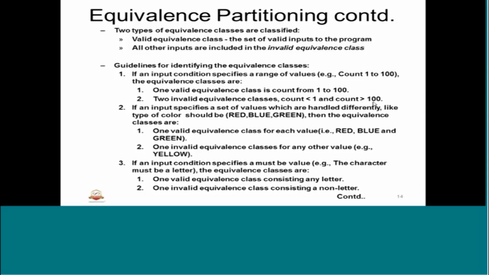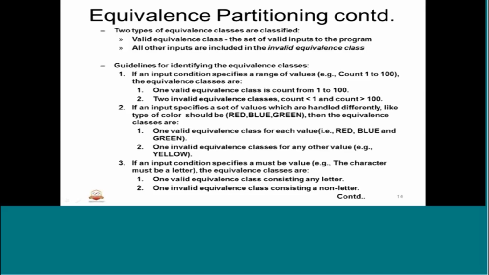Okay, the next guidelines. This is a different sort of technique. The second guideline is about an input that specifies a set of values which are handled differently, like a type of color. That means red, blue, green is a set of inputs. Then what are the equivalence classes?